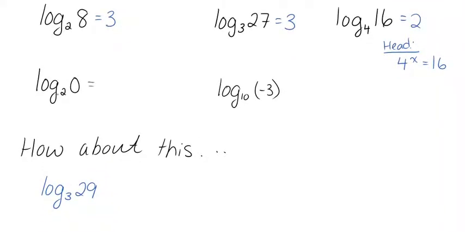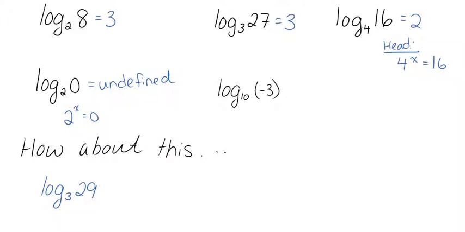Then this one, log base 2 of 0. So now I'm thinking 2 to the power of what will equal 0? This is puzzling because 2 to the power of what equals 0? Nothing. So we would say this is undefined, because there's no exponent that we could put there that would actually equal 0.